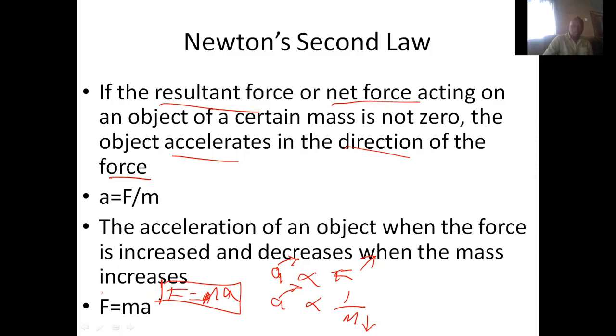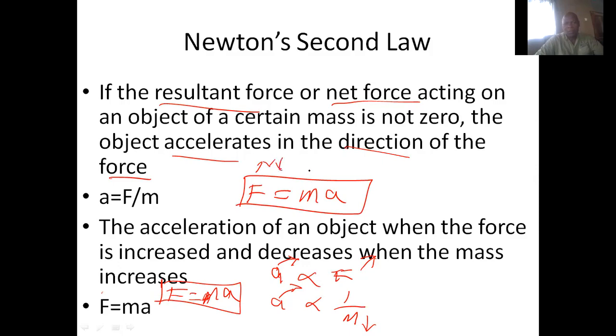So it is Newton's second law where we find the equation force is equal to mass multiplied by acceleration. Force here would be in newtons, mass would be in kilograms, and acceleration would be in meters per square second.